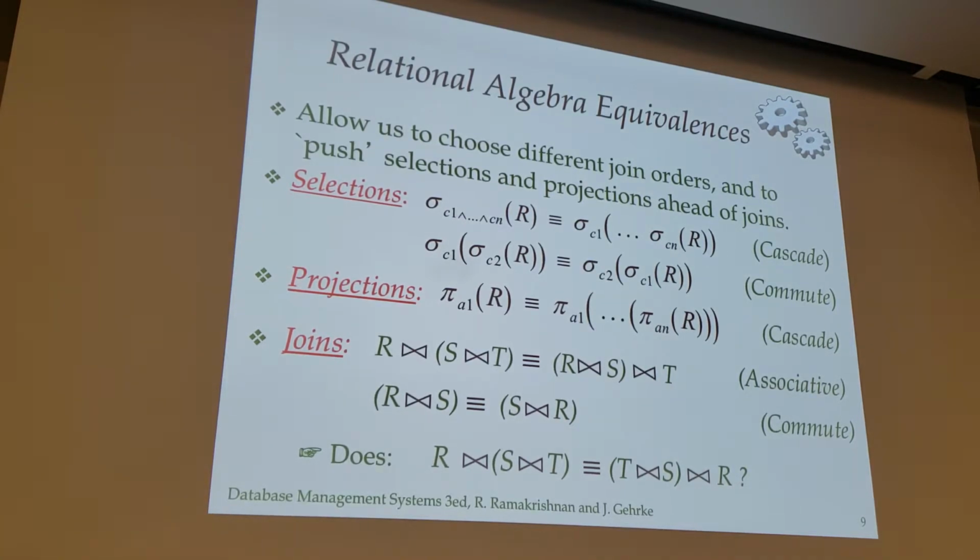Joins are associative. Joins are commutative in the sense that you get the same set of tuples, although the order in which things show up can end up being different, so it's a little tricky. There's a question: does the join of R with S join T equal the join of T and S together with R? Again, if you ignore the order in which columns appear, the answer is going to be yes.